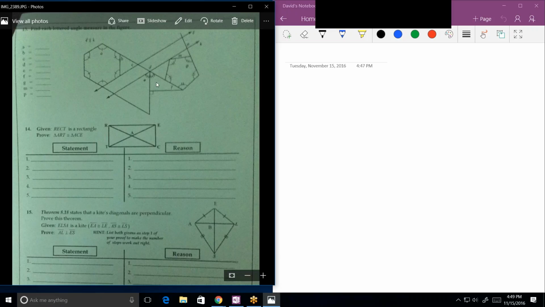So you can work your way through that. I would be surprised if you can't figure out how to do all of those on your own.